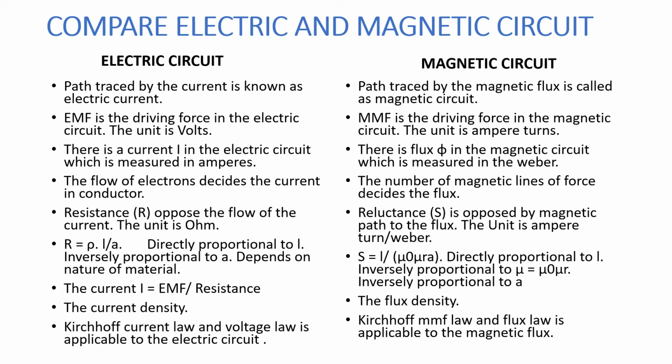R equals rho L upon A, directly proportional to L, inversely proportional to A, depends on nature of material. S equals L upon mu 0 mu r A, directly proportional to L, inversely proportional to mu equal to mu 0 mu r, and inversely proportional to A.